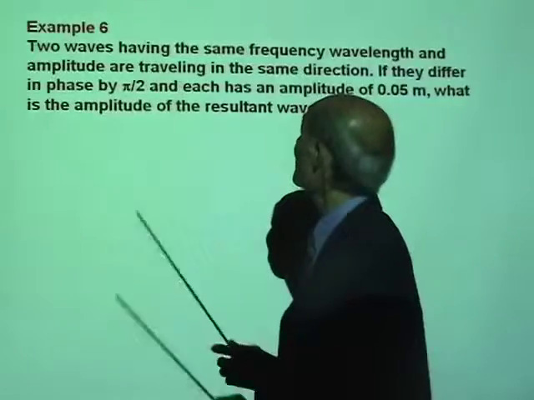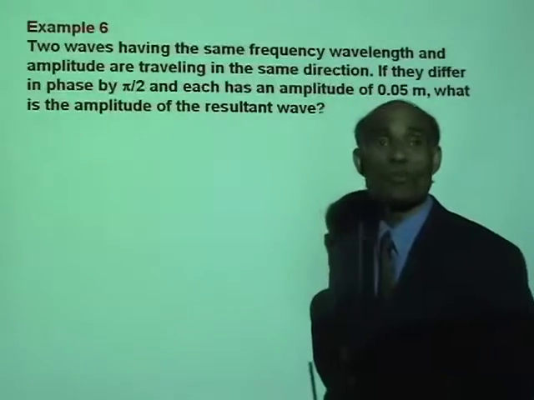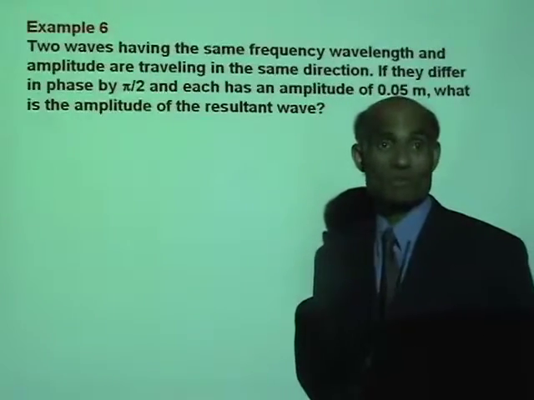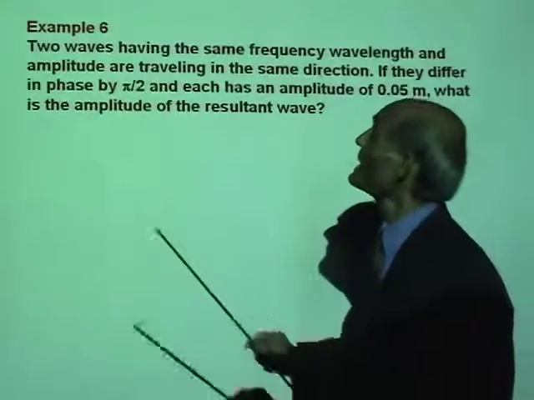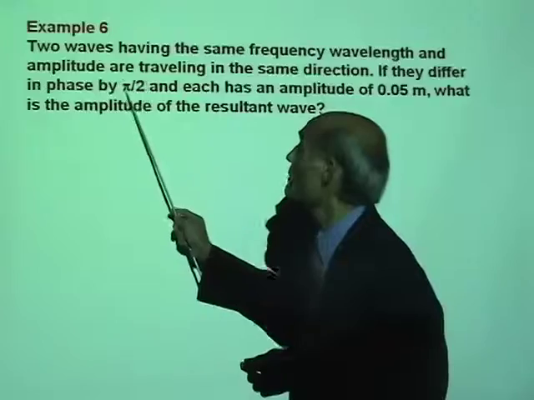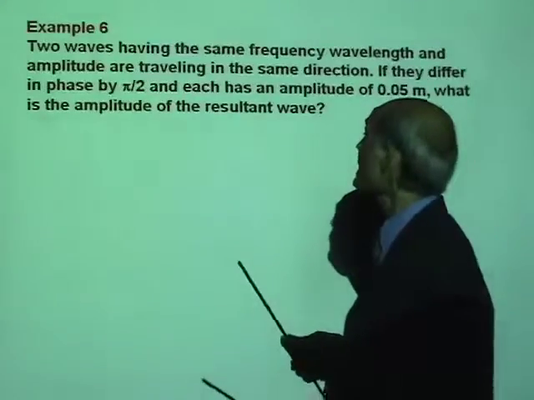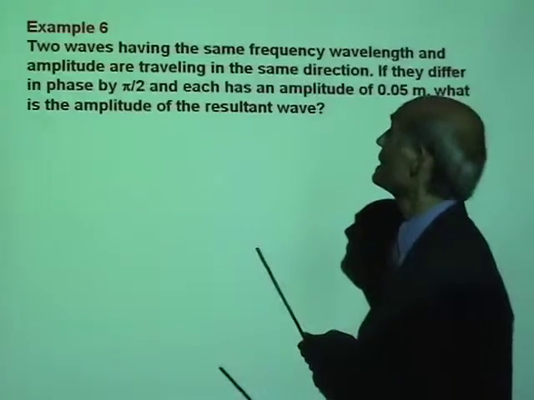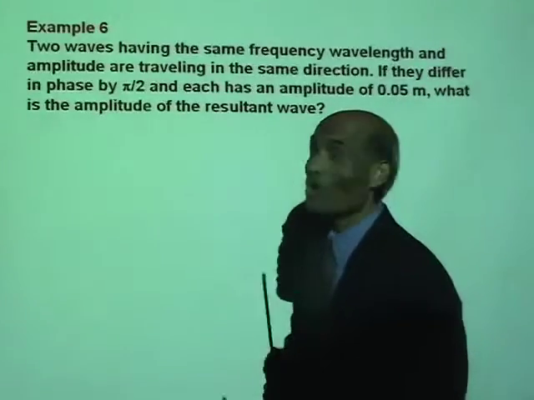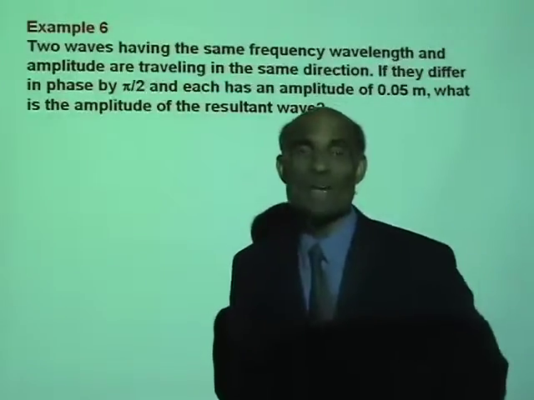Two waves having the same frequency, wavelength and amplitude are traveling in the same direction. If they differ in phase by pi by 2, and each has an amplitude of 0.05 meter, what is the amplitude of the resultant wave?